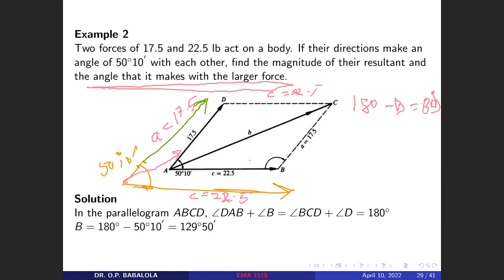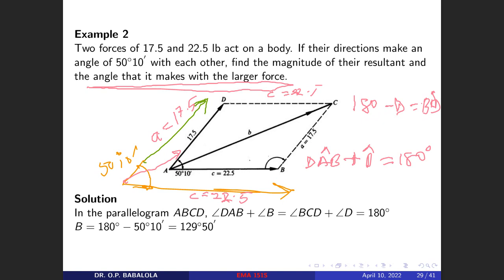we already know DAB to be 50 degrees. Then you're adding DAB to angle B, and that must be equal to 180. So what I'm saying is DAB plus B will be equal to 180 degrees.